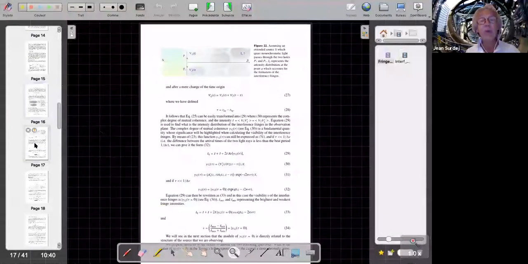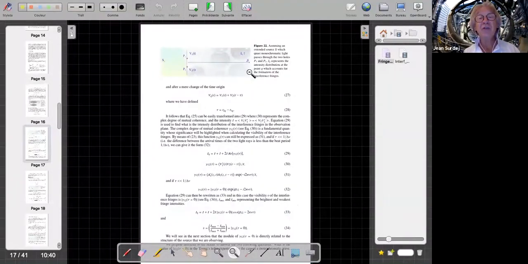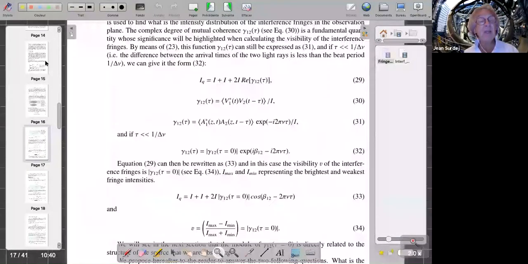Then we wondered, in the presence of quasi-monochromatic light, what would be the distribution of light on the screen? The final expression we came to is the following, so I will just highlight the result.